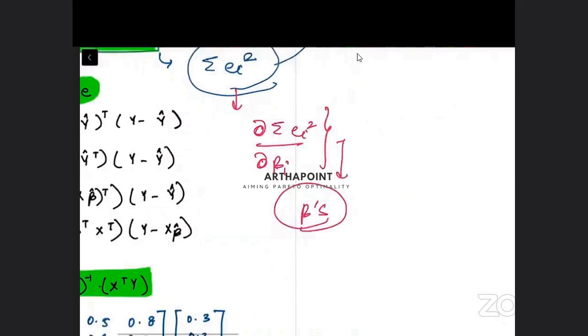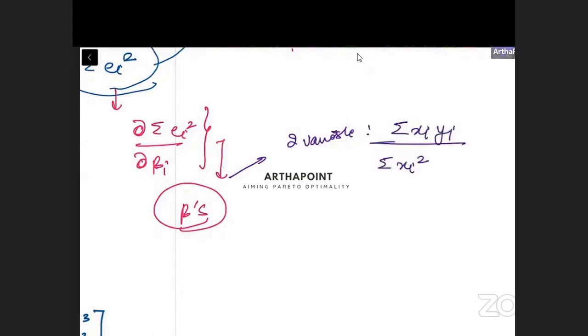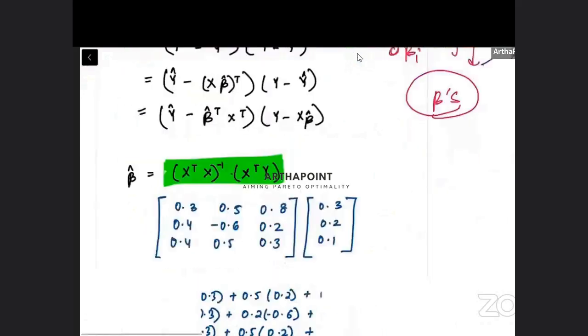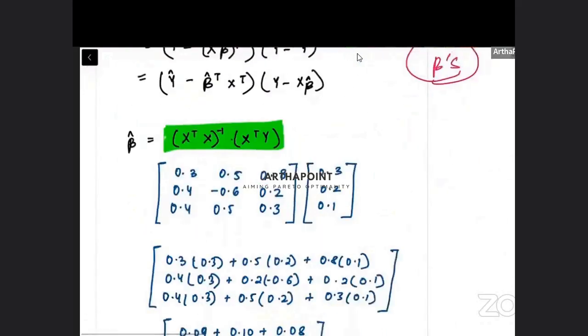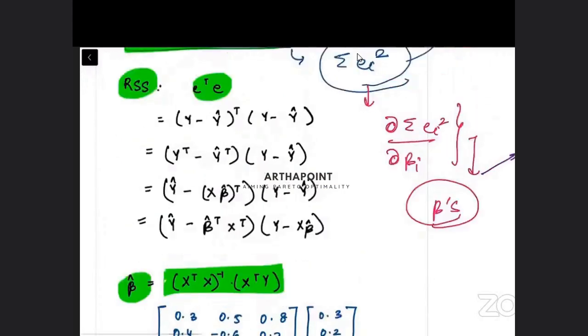And if you remember, in a two variable model, my beta was summation x_i y_i upon summation x_i squared. So this is nothing but x into y summed up, into the inverse of summation x_i squared. If I write this together, exactly the same thing you will get here: X transpose X inverse into X transpose Y. This is the value of beta when you minimize the residual sum of squares.